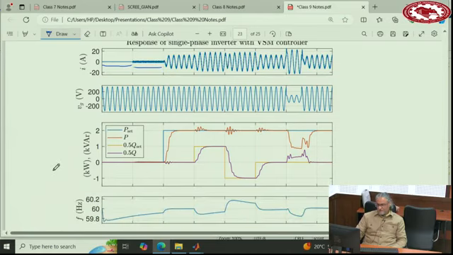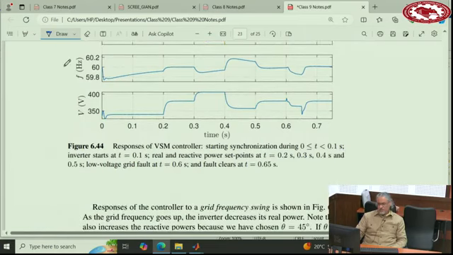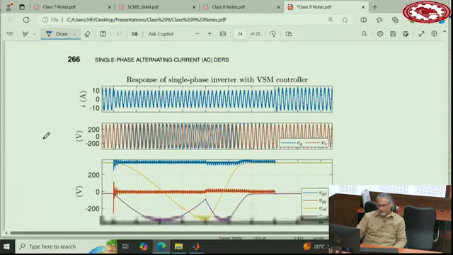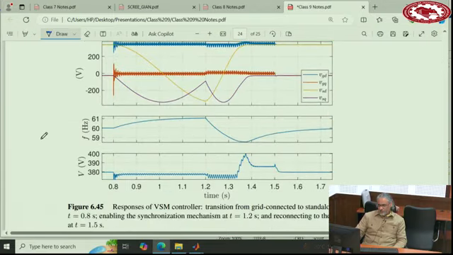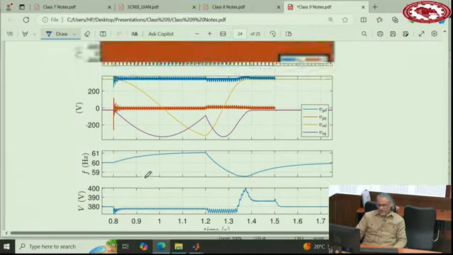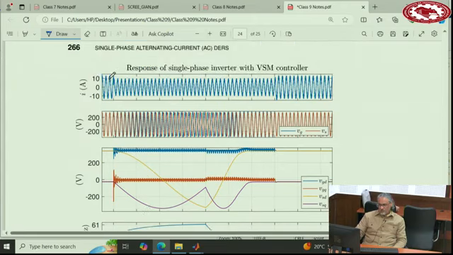Right? These are internal variables of the VSM. They are called internal variables, or virtual frequency, virtual voltage. Sometimes they are even called virtual speed and virtual voltage. This situation is where you disconnect from the grid. So, transition from grid-connected to standalone at time 0.08. You disconnect from the grid.